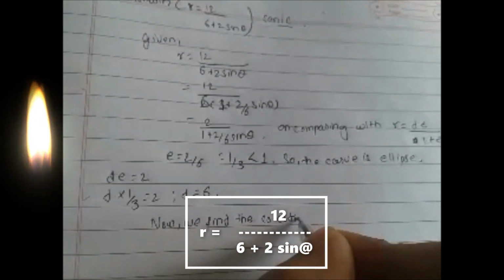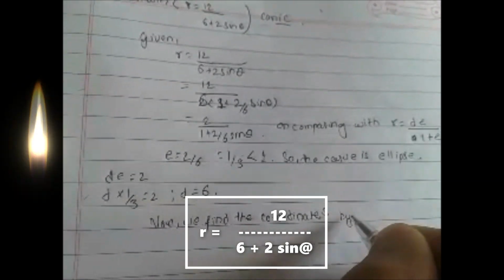Now we find the coordinates by the table as theta, r, and r comma theta.